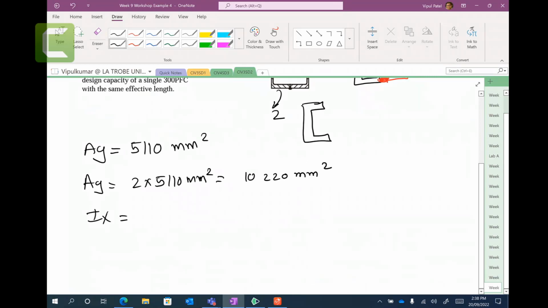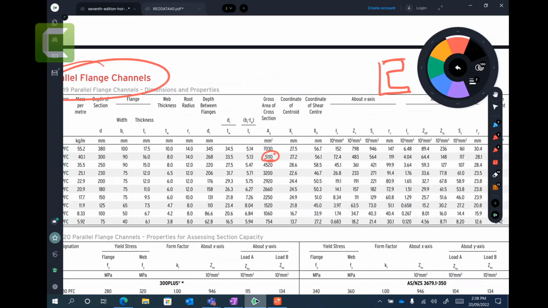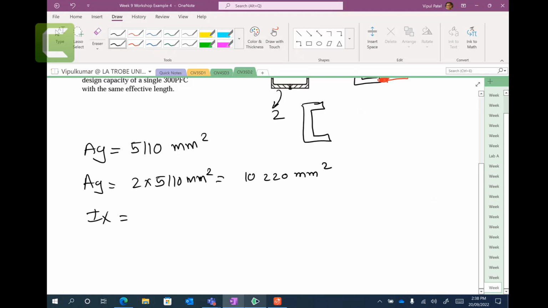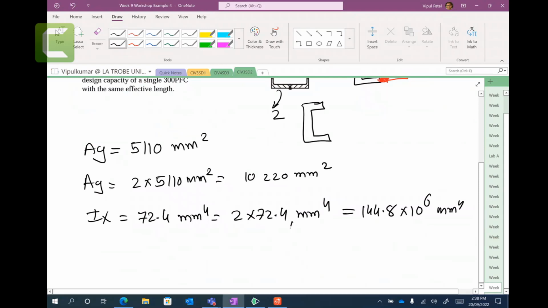Ix, the second moment of area about the x axis, 72.4 millimeter to the power 4, but we have 2. It gives me 144.8 times 10 to the power 6 millimeter to the power 4.